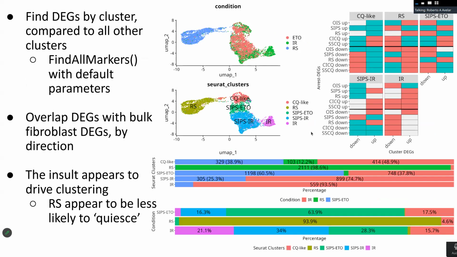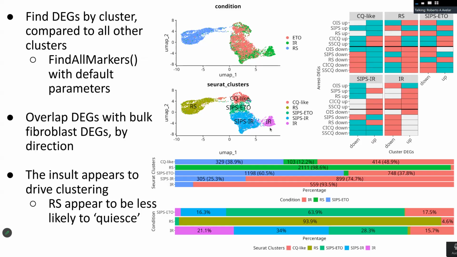And so this is what our final UMAP looks like. And we've got 5 clusters. We've got this replicative senescence cluster, which seems quite different to the others. We've got this quiescent-like cluster, which I'll talk about in a second, why I think this is quiescent-like. And then we've got these 3 clusters, which I named just depending on the breakdown.